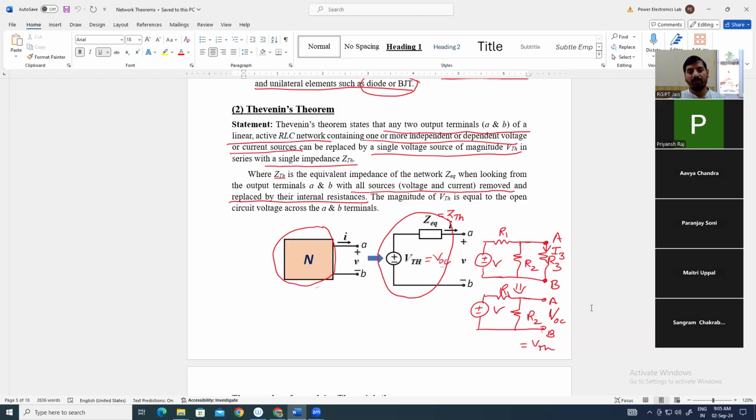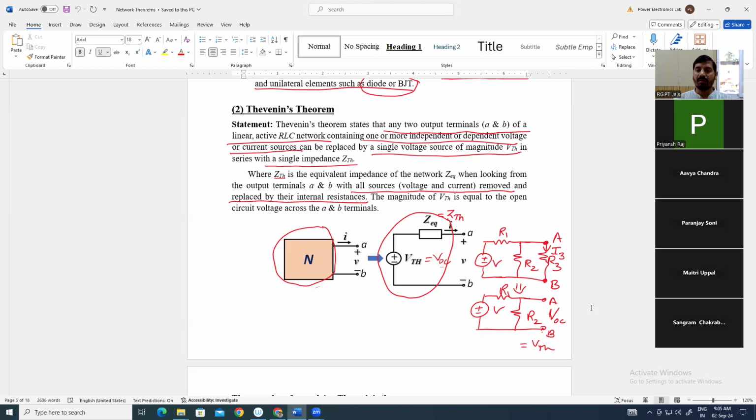That voltage source will be VTH, that is Thevenin voltage, and equivalent impedance will be Thevenin impedance. In place of impedance, we can call it an equivalent resistance also if there is a resistive network.